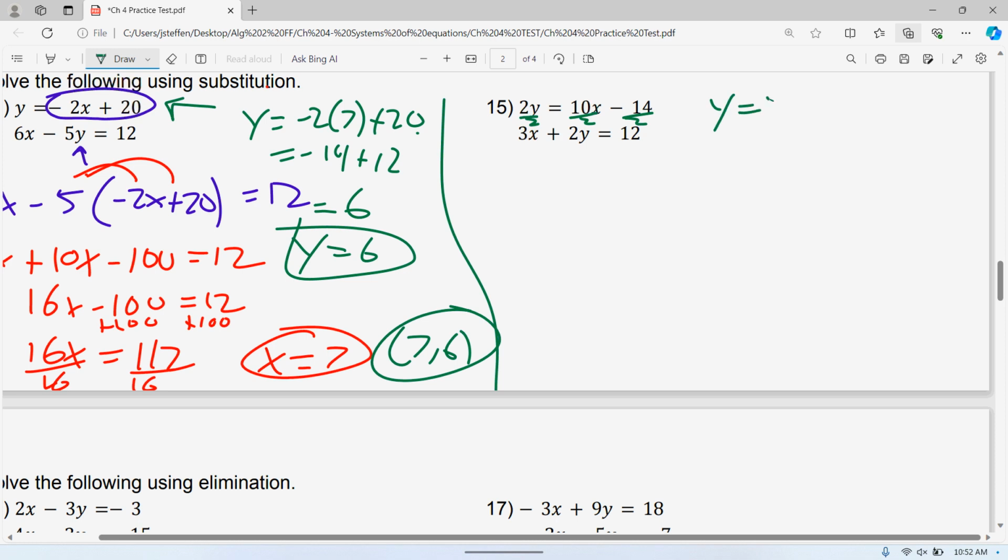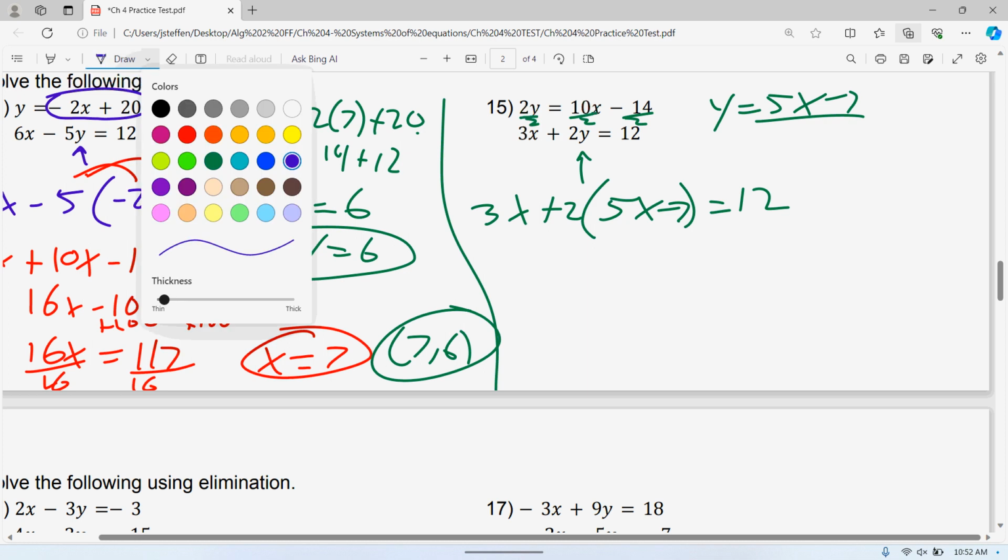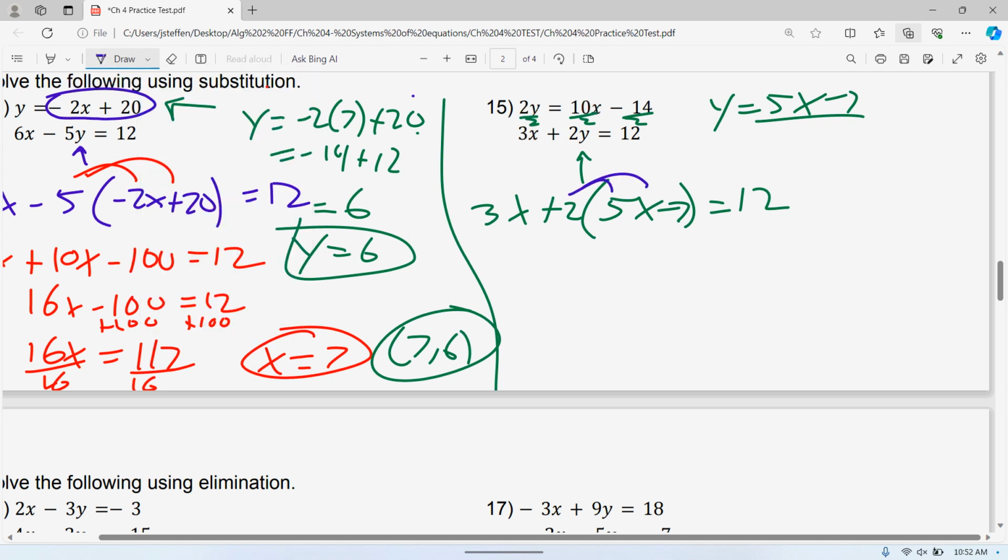I end up with y is equal to 5x minus 7. Now I can sub that back in for this y. So 3x plus 2 times 3x plus 10.